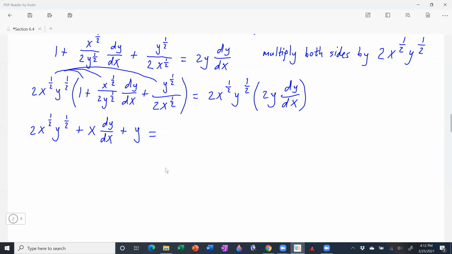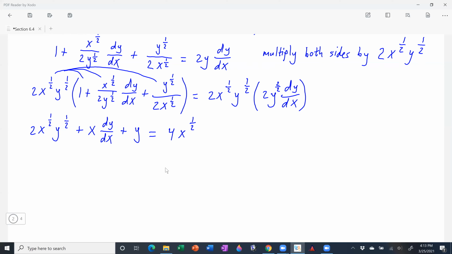On the right-hand side, just multiplying straight through here, not too much to do besides 2 times 2, which is a 4. Then there's still x^(1/2). And then be a little careful, we have y^(1/2) times y. Remember that the powers add up. So there's like a little 1 right there. If you want to think about the y to the 1, it's the same as y to the 2/2 power. So those powers add up.